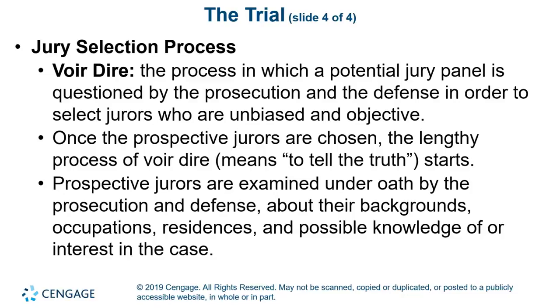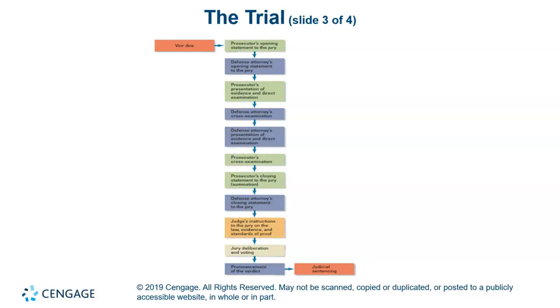Now, although each jurisdiction in the United States has its own trial procedures, all jurisdictions conduct criminal trials in generally a similar fashion. And the basic steps of the criminal trial we're going to go over right now. So as I go back here, these are the basic steps.